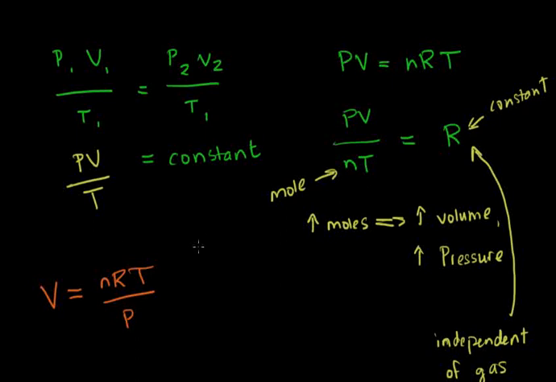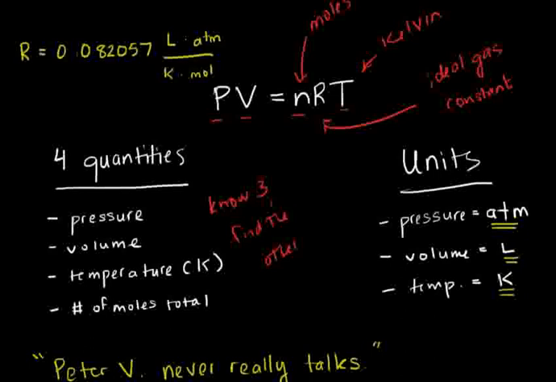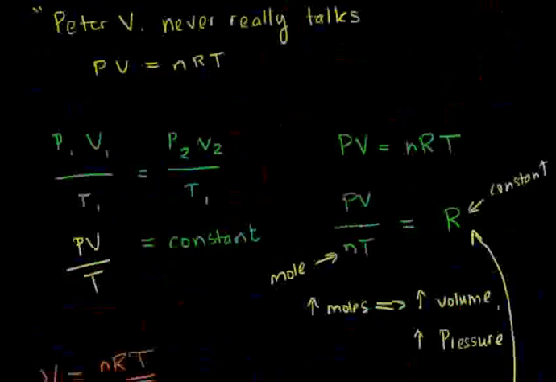And so we can see that if we have a sample of gas and we want to find the volume, we don't need to know what kind of gas that is. Remember, whenever we're given these variables, pressure, volume, temperature, and the number of moles of a gas, we can always find the one that we're not given. It doesn't matter what that gas is.